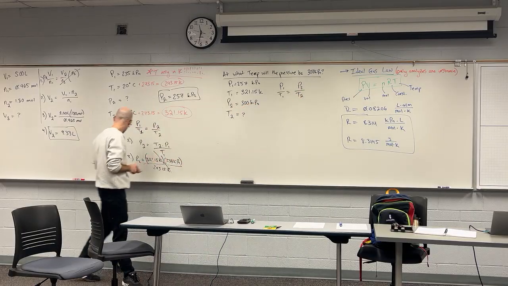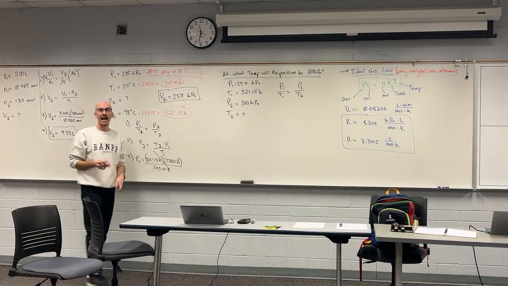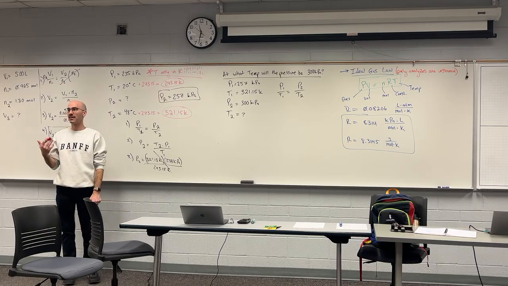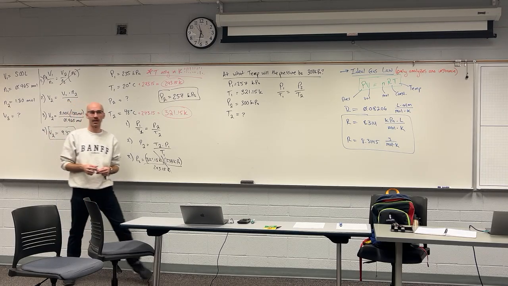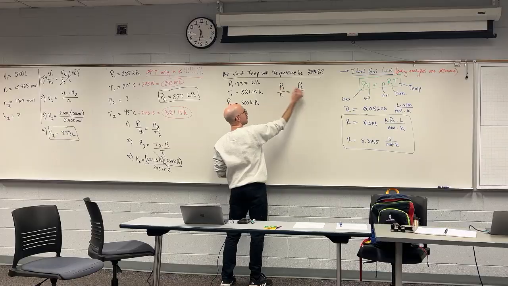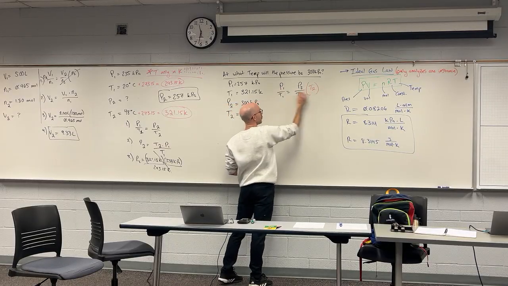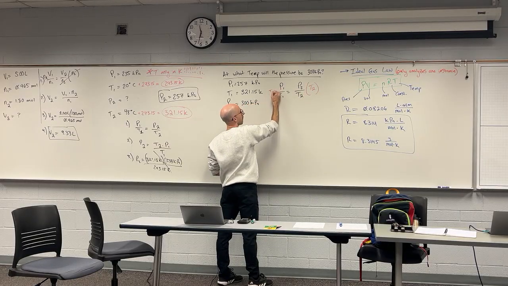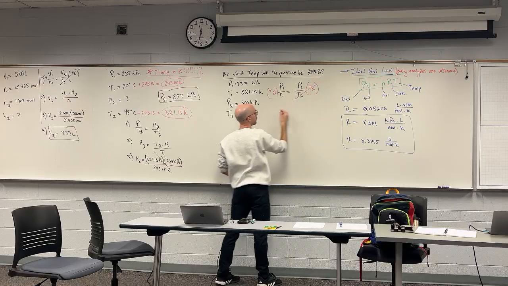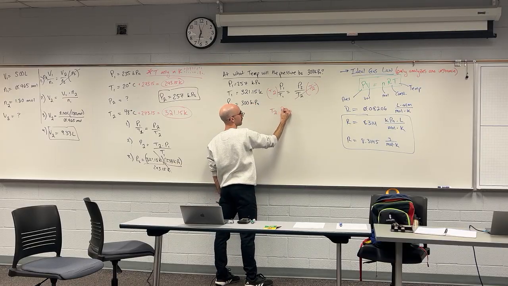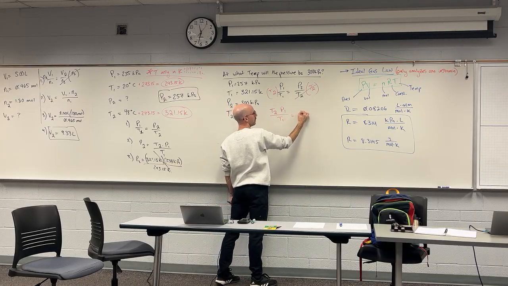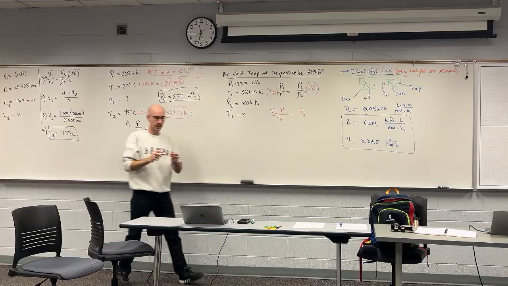I'm going to show my algebra here. I want to solve for T2. T2 cannot be on the bottom. So I need to multiply both sides by T2. Now I get T2 times P1 over T1 is equal to P2.